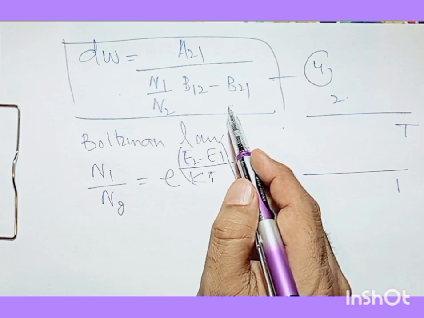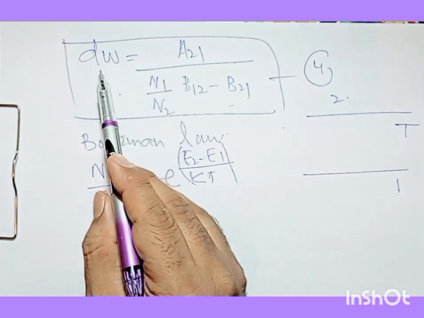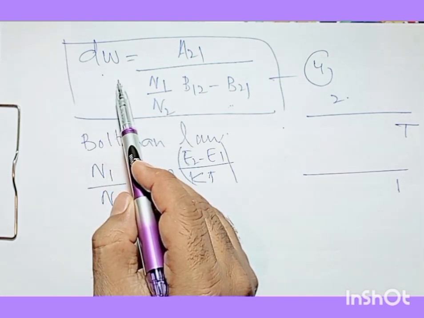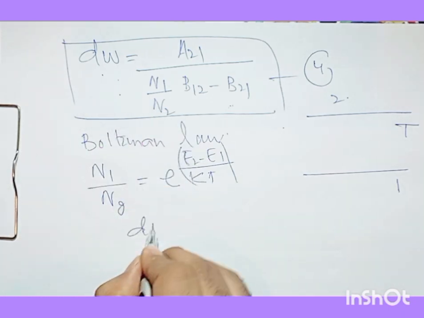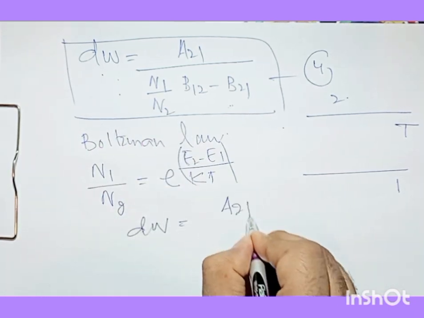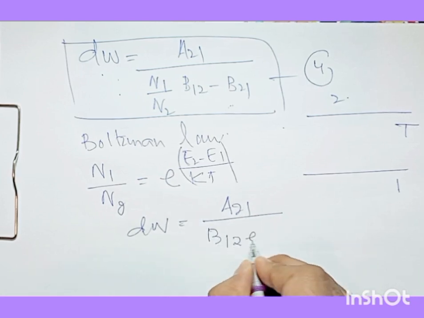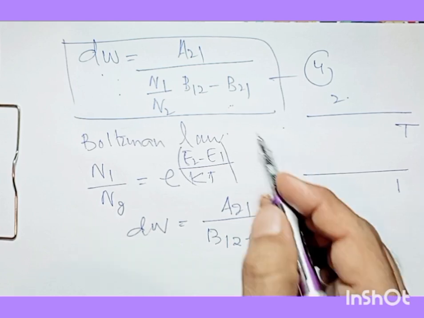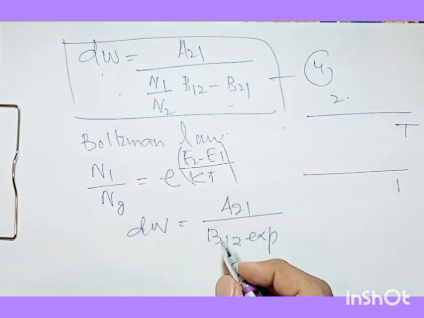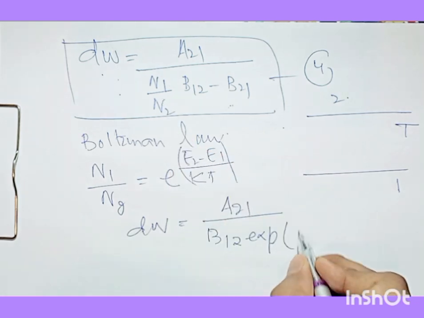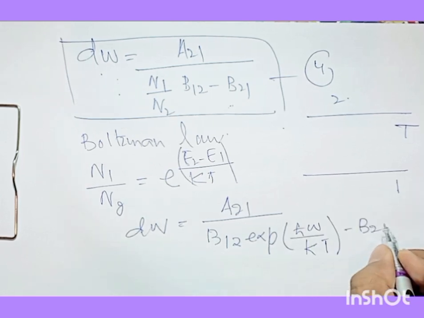We can write it as D omega is A21 by B12 exp (h cross omega by KT) minus B21.